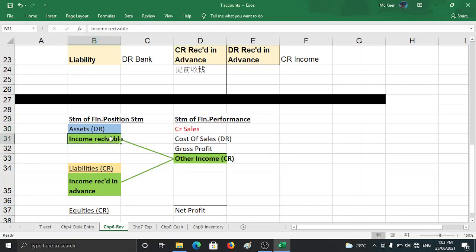But if you have already received the money, but it's not for the current financial year, so you have to credit this account and debit the bank. Okay, debit the bank so that your bank is accounting for this, and then when the year comes, you will credit this account and zeroize this liability account.